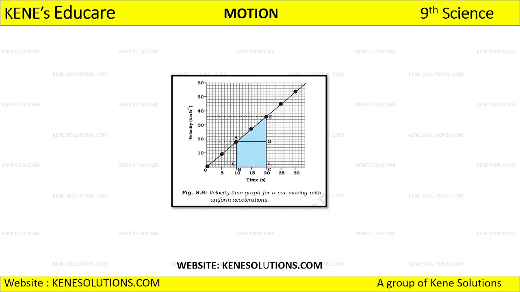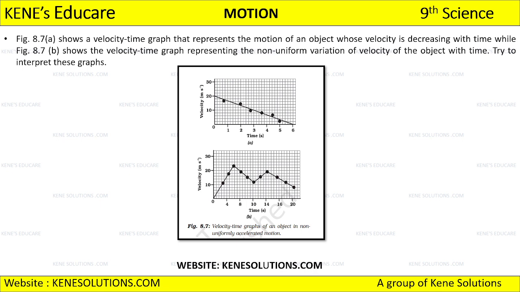Then this is the graph that you will obtain for the velocity part. Make sure you know properly how to draw it as well. Then these are with respect to uniform and non-uniform accelerated motion. Different graphs have been shown, so I just want you all to please go through it quickly.